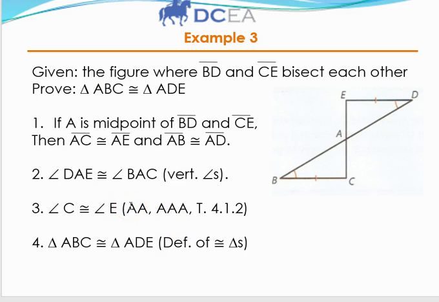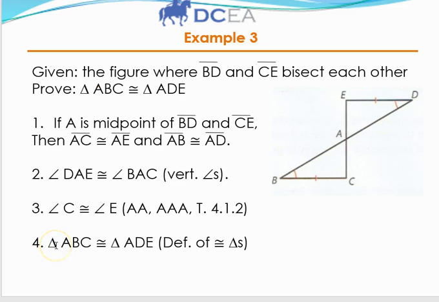In the last lesson, they failed to mention that you can abbreviate theorem 4.1.2, so I'm giving you permission right now, and you can call it angle-angle. Or sometimes, if it's an equilateral triangle, equiangular triangle, you can call it angle-angle-angle. So from now on, you're allowed to put just angle-angle to identify that the third angle is congruent.